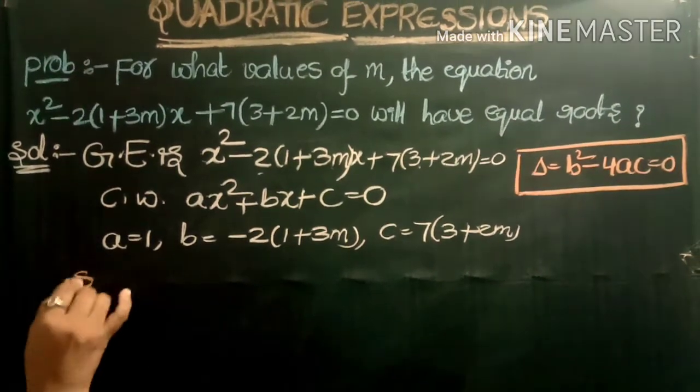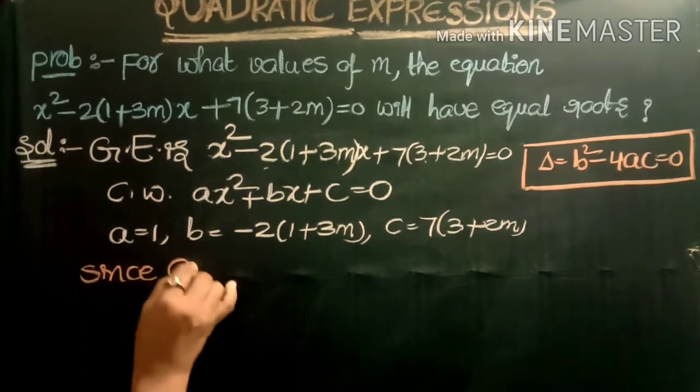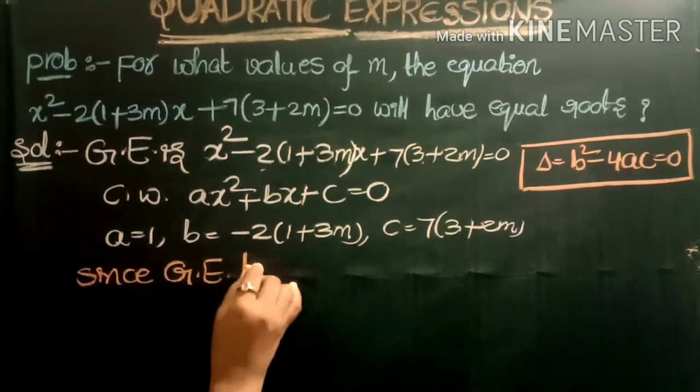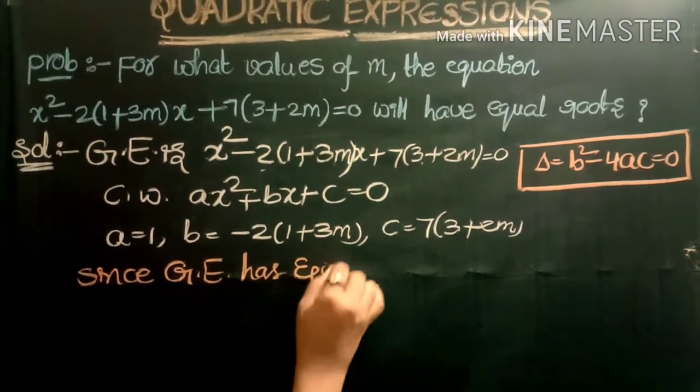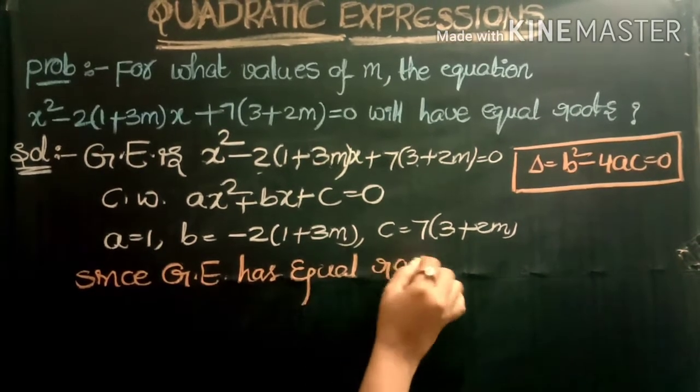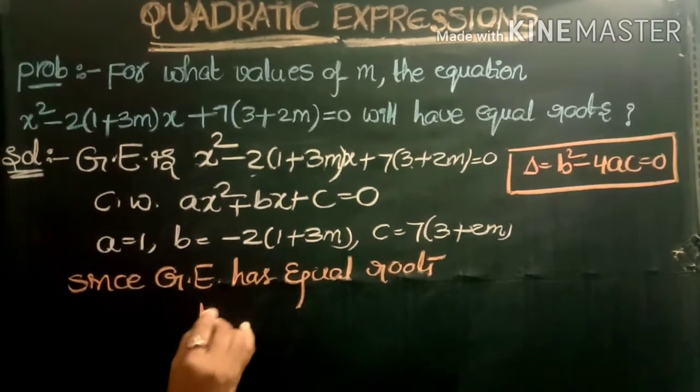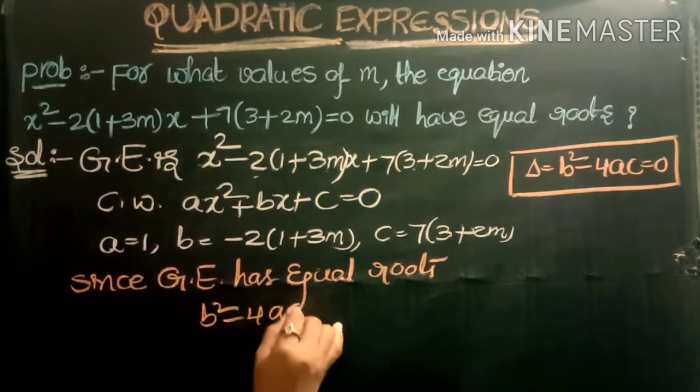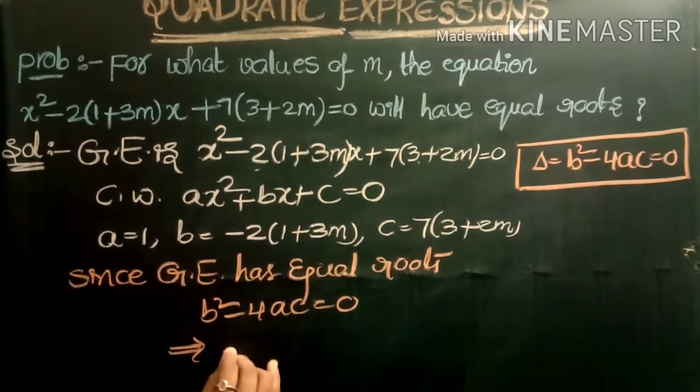So since the given equation has equal roots, we have b² - 4ac = 0, which means b² = 4ac.